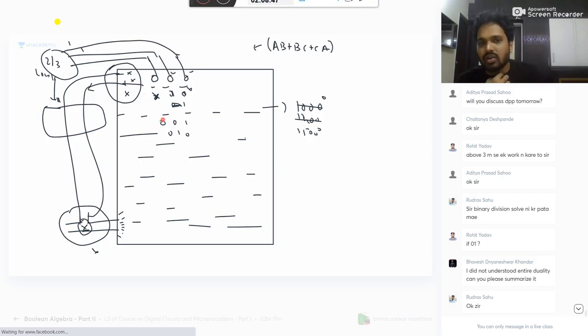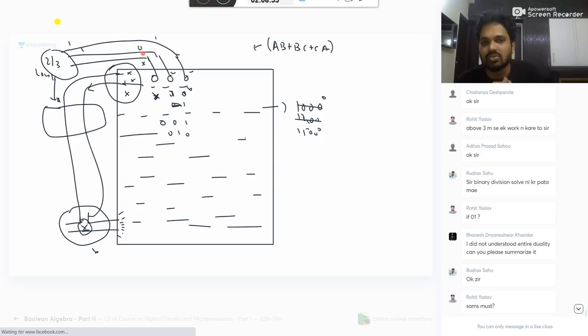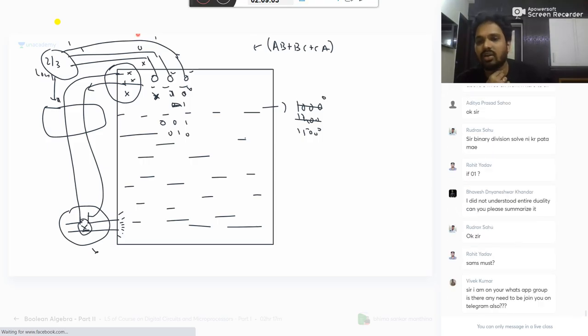Provided at least 2 are working properly. If 0 1 comes, it means out of these two, one is not working. Is it clear what I am saying? Out of the 3, if 1 fails, it will work.